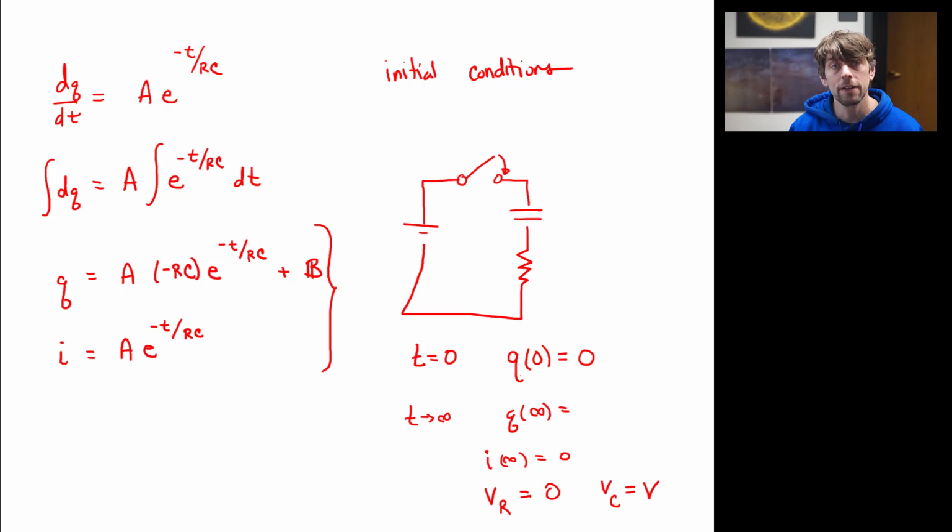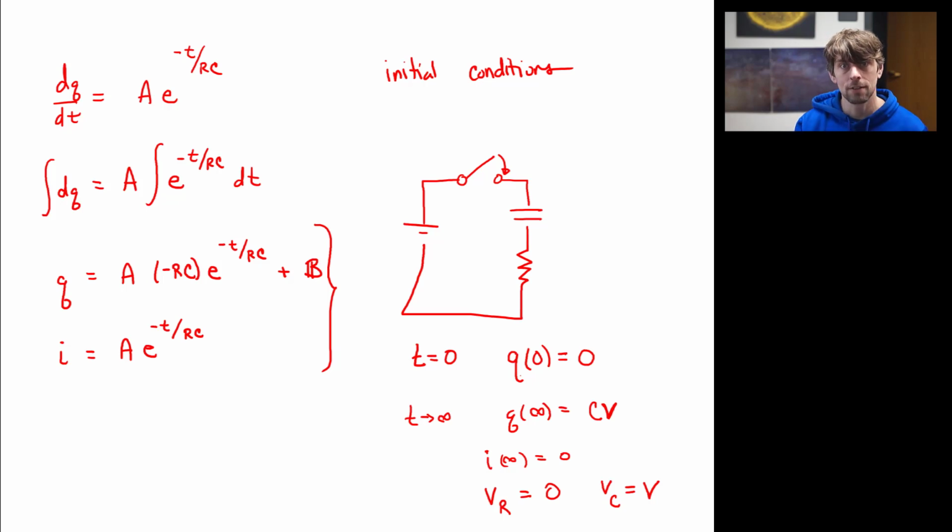Okay? And then we can say, hey, there's a relationship between the potential drop across a capacitor and the amount of charge on the capacitor. So at the end of the day, as t goes to infinity, the total charge must be the capacitance C times V, the potential of the battery.